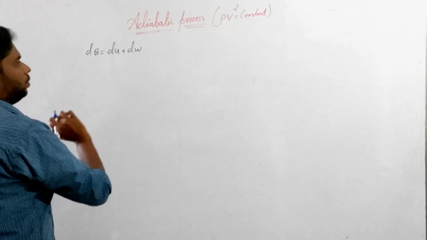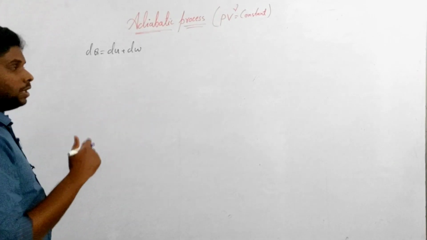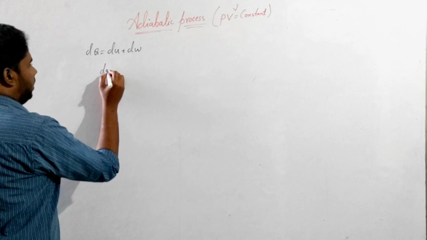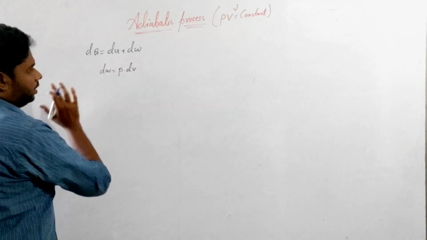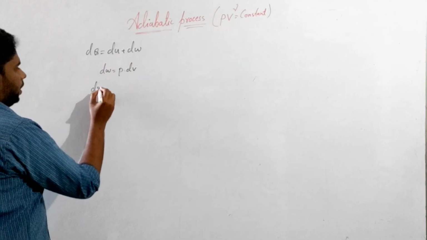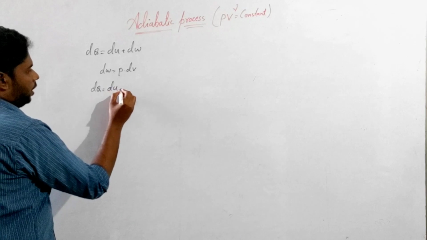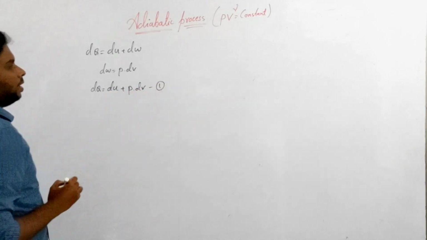So what is dW? dW is the amount of work done by the reversible process. So I can write dW as P dV. We have already derived this relation. So I substitute here, what I get: dQ = dU + P dV. This is my equation number 1.